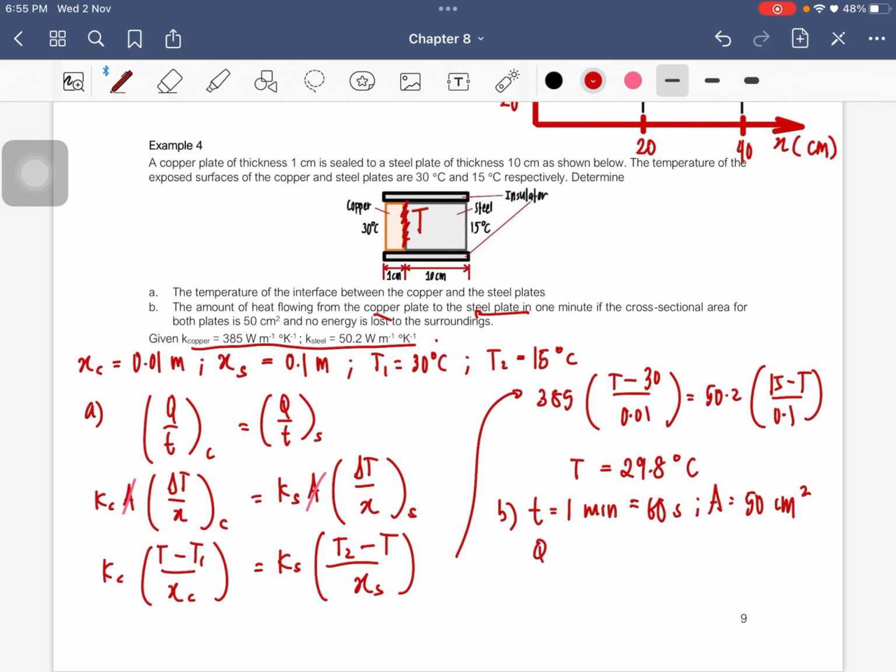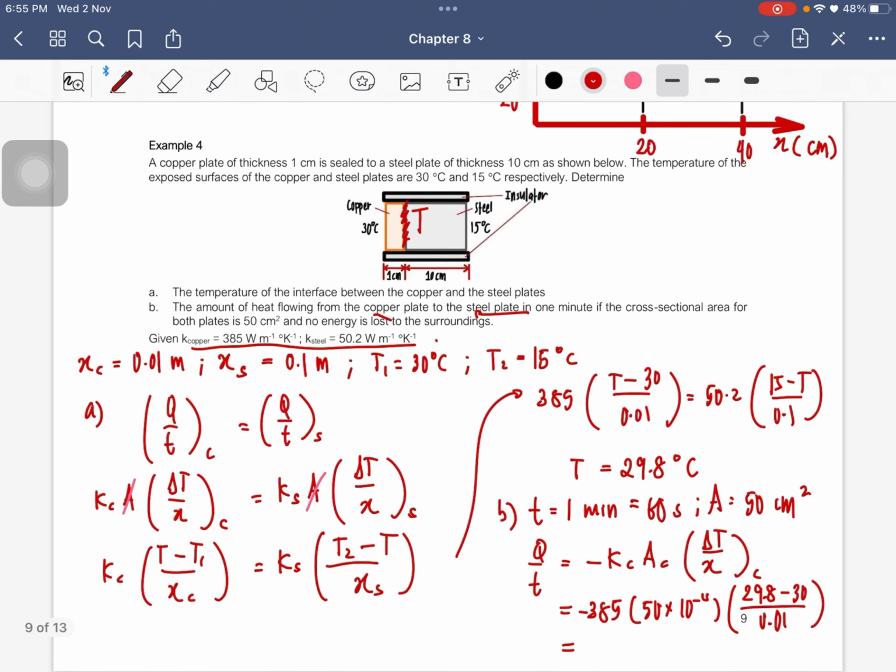The rate of heat flow would be Q over t equal to negative K_C A_C delta T over X_C. So K_C is 385, A is 50 times 10 to the negative 4, delta T over X is 29.8 minus 30 over 1 centimeter, which is 0.01. So we get the rate of heat transfer, and it asks for 1 minute, so t is 60.